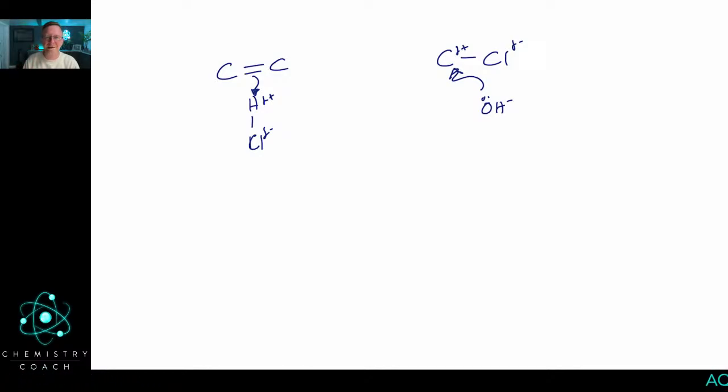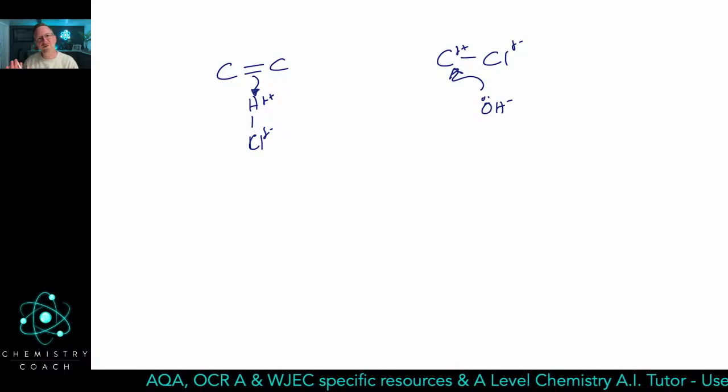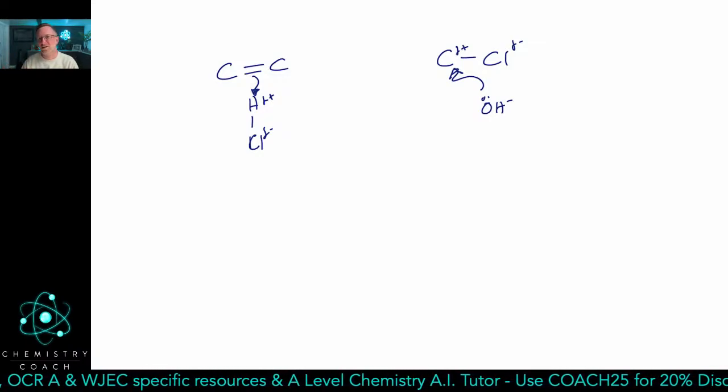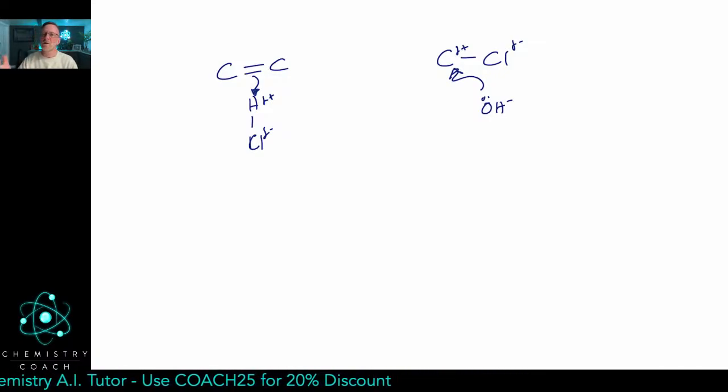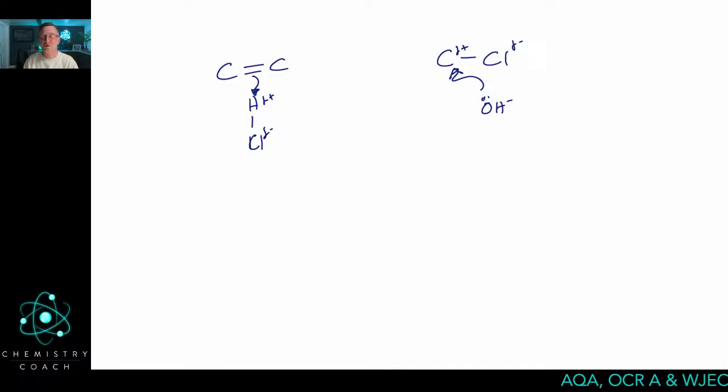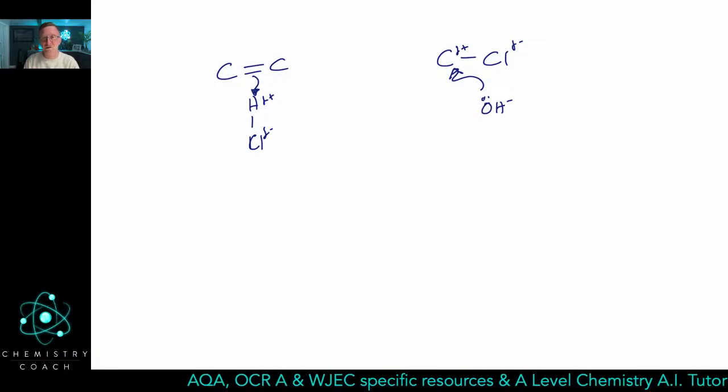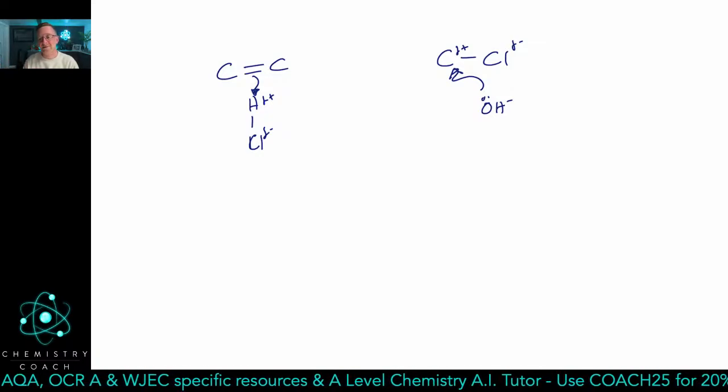In any mechanism you get these dipoles that kick the whole thing off. So if everything was non-polar, there'd be no reactions in organic chemistry. So atomic structure dictates electronegativity, which dictates bond polarity, which then allows us to draw organic mechanisms. So even all the way through to organic mechanisms, that's where atomic structure has its impact.